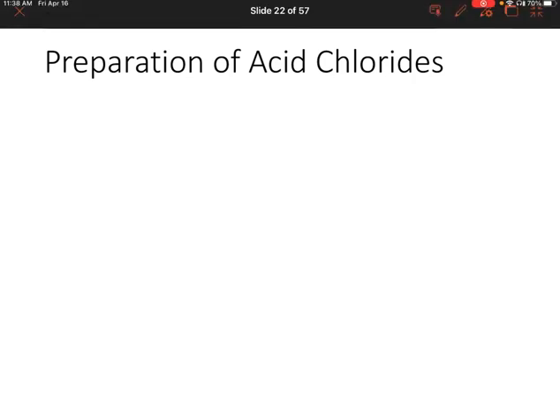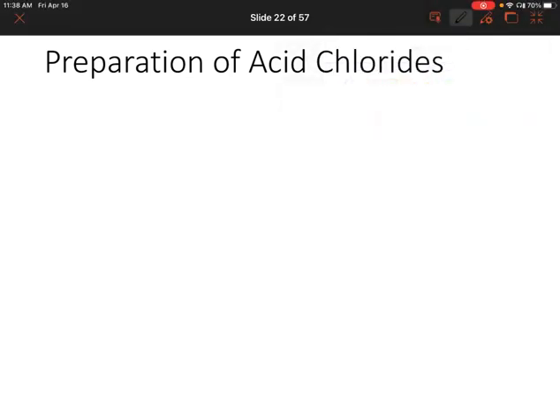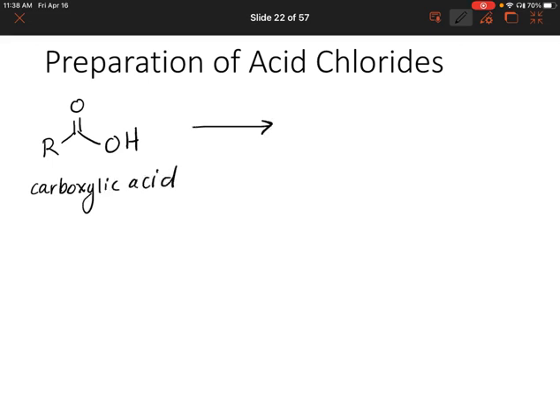So again, we're starting with a carboxylic acid because remember, an acid chloride is a derivative of a carboxylic acid. Now, what we're going to use to turn our carboxylic acid into an acid halide is thionyl chloride.